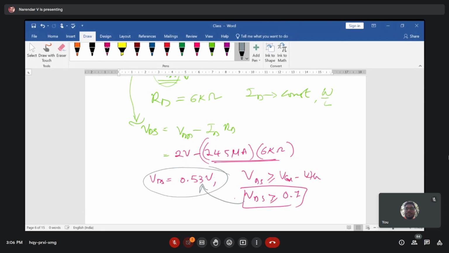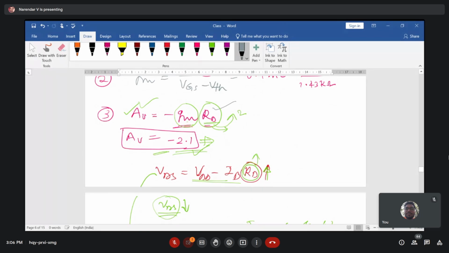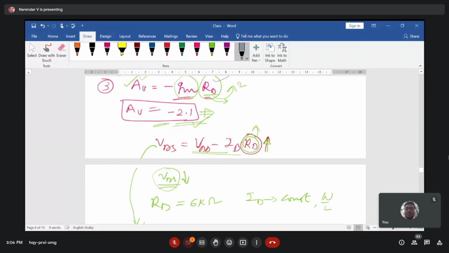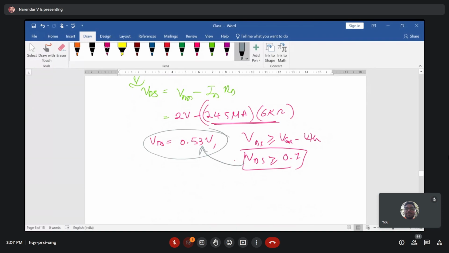So you cannot use the gain formula that we were talking about. This one, minus GM times RD, is not valid, because this formula is valid when the transistor is operating in the saturation region, and in the saturation region there is more amplification. In the linear region, your transistor acts as a resistor, not an amplifier. Now, what is the way out?